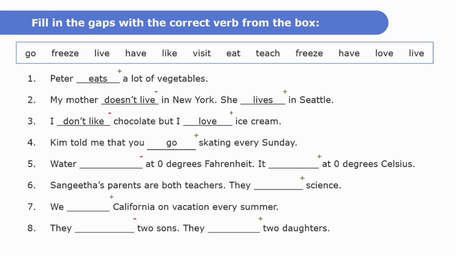Number 5, water doesn't freeze at 0 degrees Fahrenheit, it freezes at 0 degrees Celsius. Number 6, Sangeeta's parents are both teachers. They teach science. Number 7, we visit California on vacation every summer. Number 8, they don't have 2 sons, they have 2 daughters.